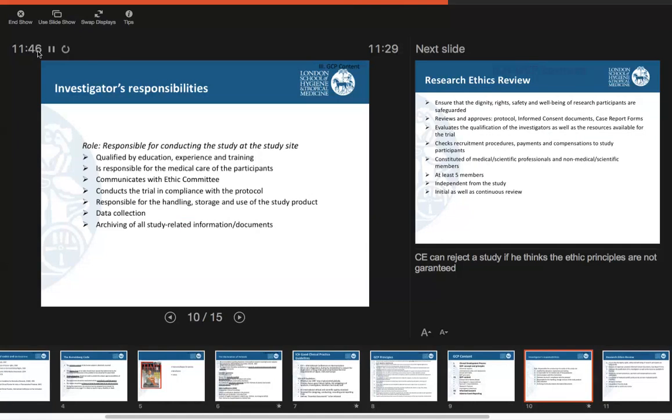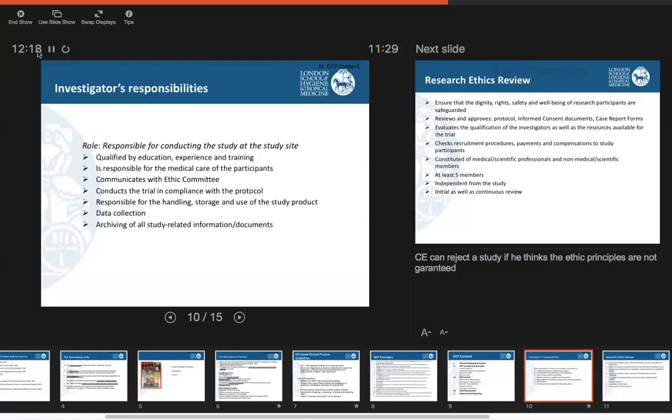And you are the one who makes sure that there's internal quality assurance, and that when the external monitors come to monitor the quality of the trial, you are the person who will interact with the external monitor. You're responsible for all the handling, sign-off on everything, and then archiving of study-related information and data. So this is very important, and it's something that you need to understand.